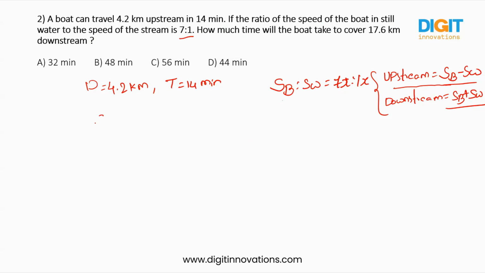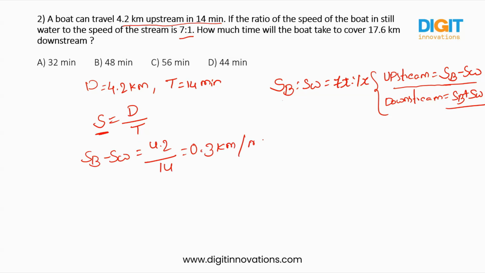We already know the speed formula, which is distance by time, right? Speed here means it is the upstream value, that means speed of boat minus speed of water. Distance is 4.2 by 14, which is 0.3 kilometers per minute.